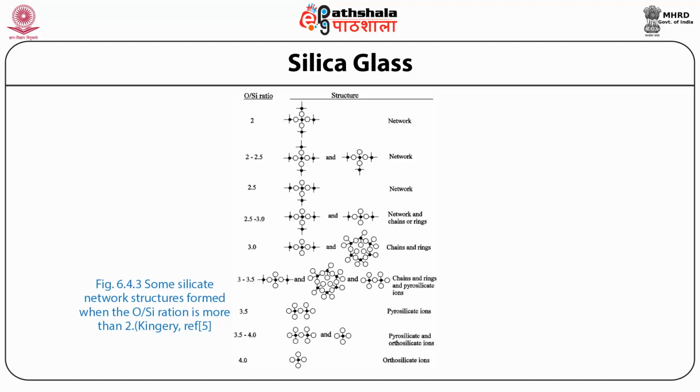So this type of structure is a network structure. Next you can see the example which has oxygen to silicon ratio as 3. This means that one silicon is shared by 3 oxygen, and this forms a chain or ring-like structure.